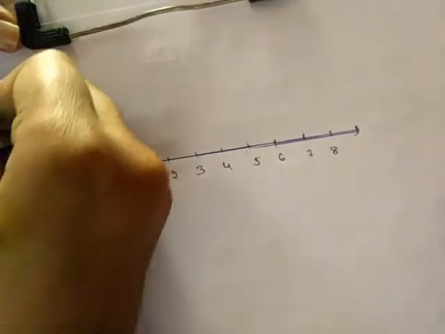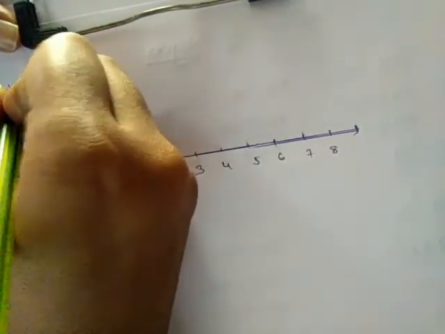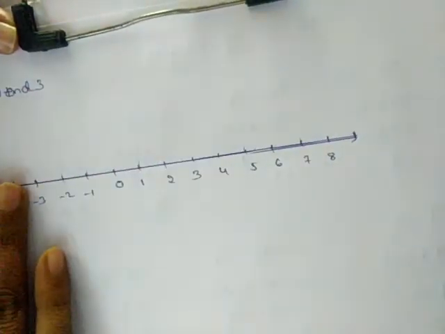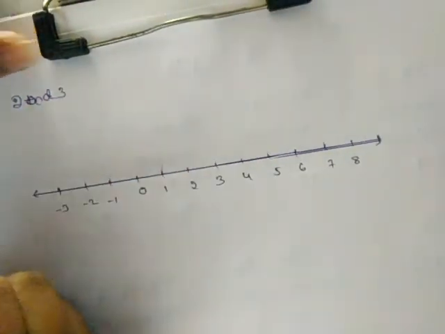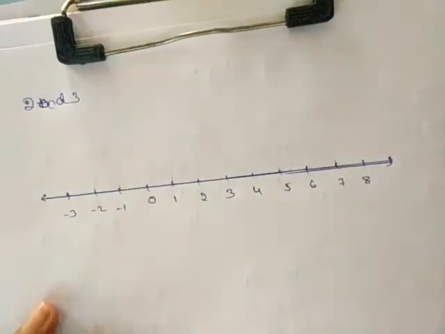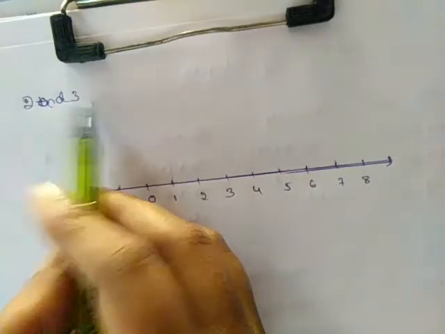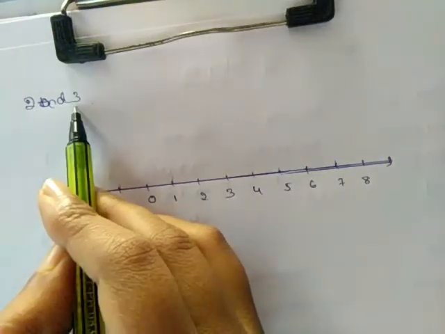If they ask us to add 2 and 3 and represent this on a number line, how do we represent it? First we need to check whether the given numbers are positive or negative. Here these two numbers are positive, plus 2 and plus 3.